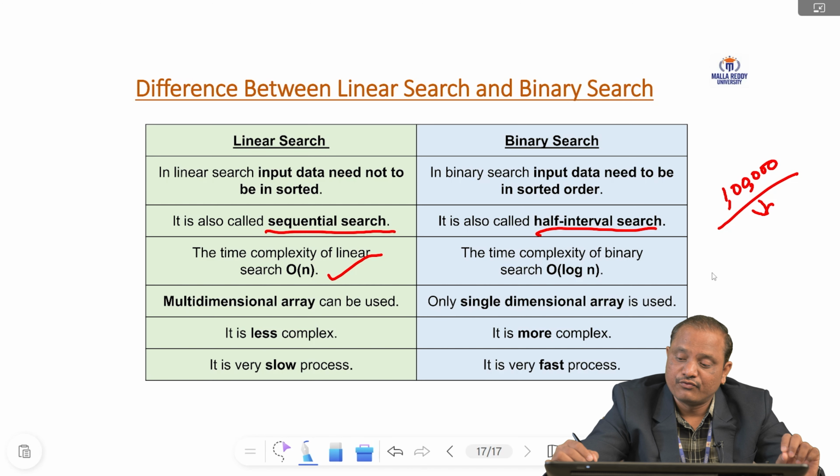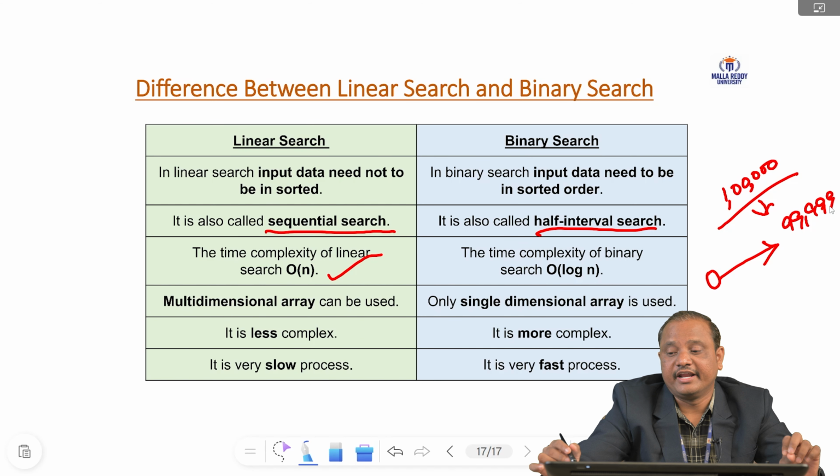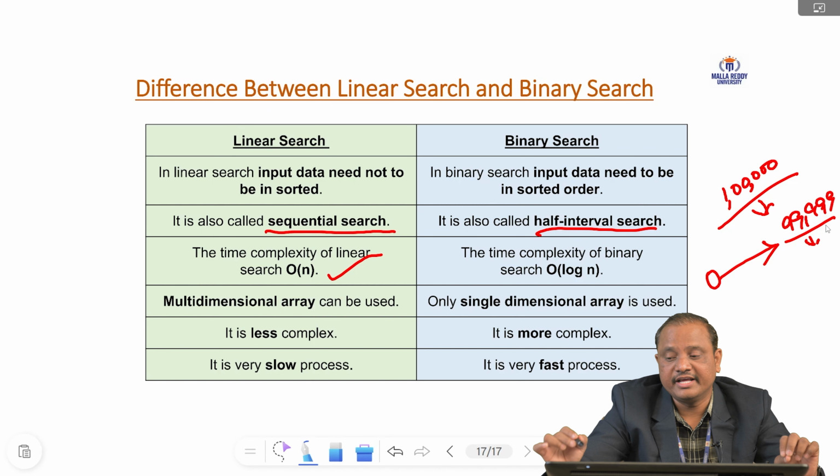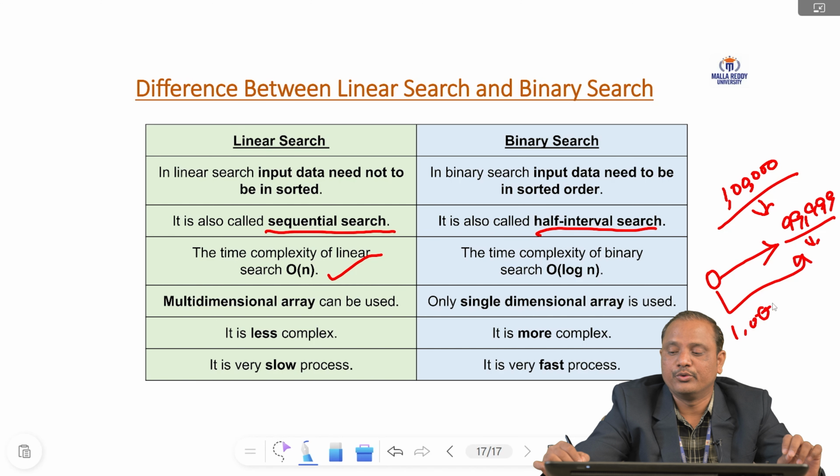That means from 0th index to 99,999th index also we have to compare. Up to that index we have to compare each and every element. That means 1 lakh comparisons we are doing here. That much time is wasted in linear search. That is the main drawback in linear search.